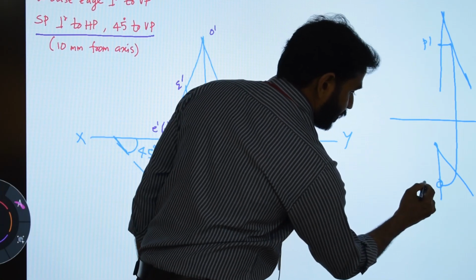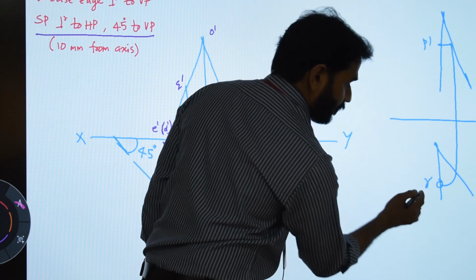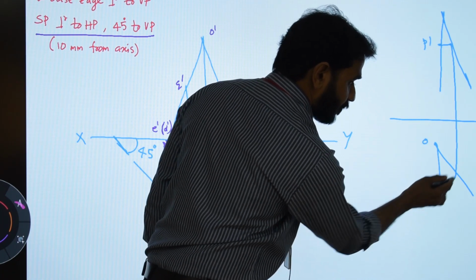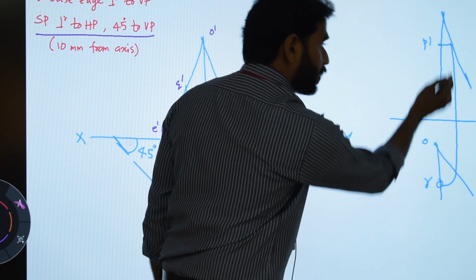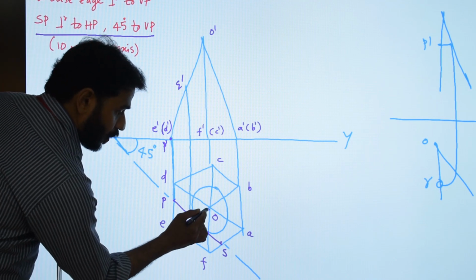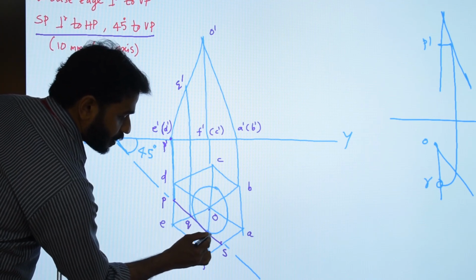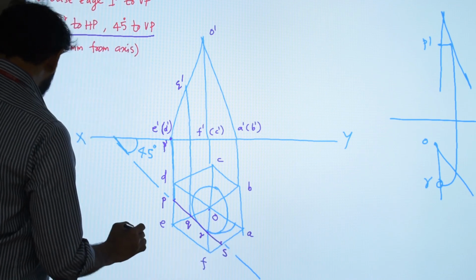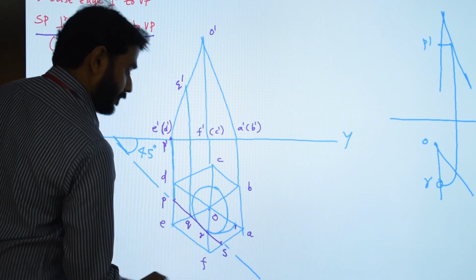In this problem, the problem point is here. With O as center and OR as radius, we need to draw an arc first, then draw a projector to the front view. So I draw an arc onto the slant edge OA and get the point, say 1.